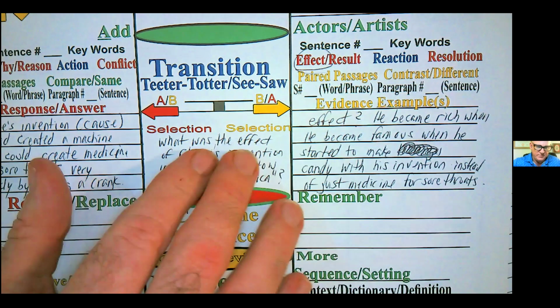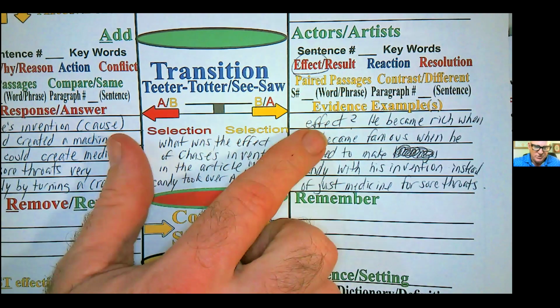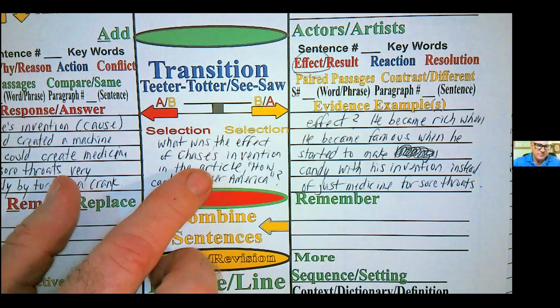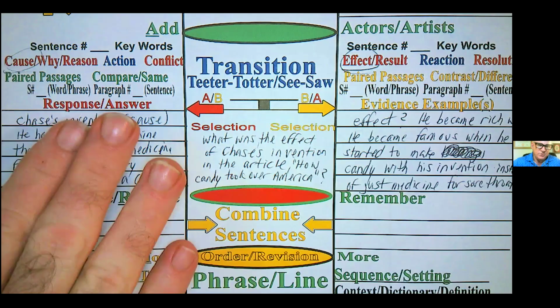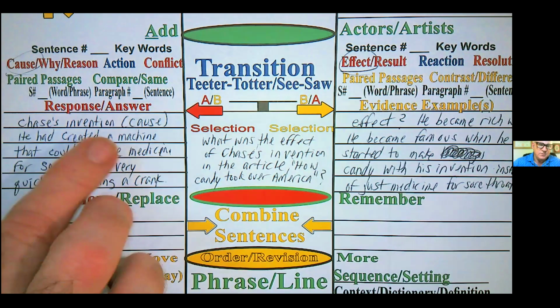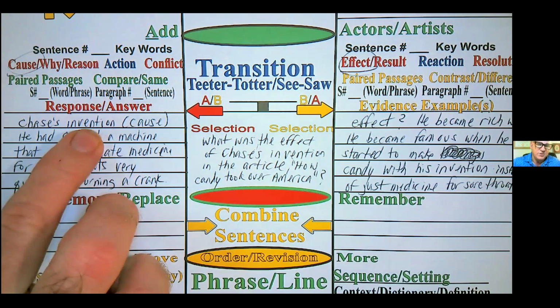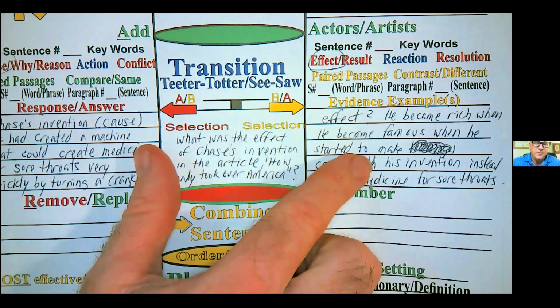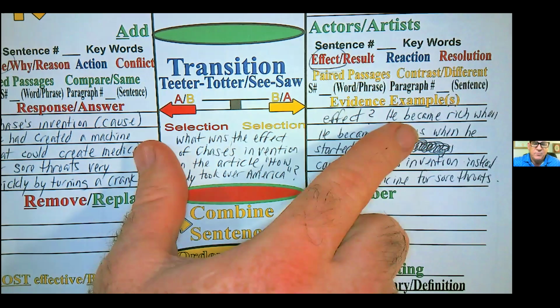Before I show you the effect, which is right there, I'm going to show you some pieces of evidence. There's evidence about the cause, the invention, and there's also evidence that leads me to believe my effect, that he became rich.